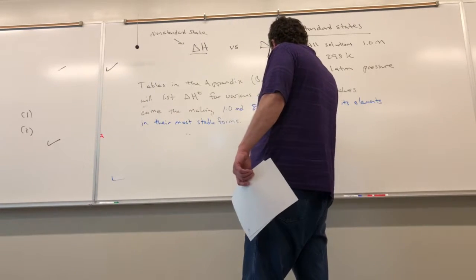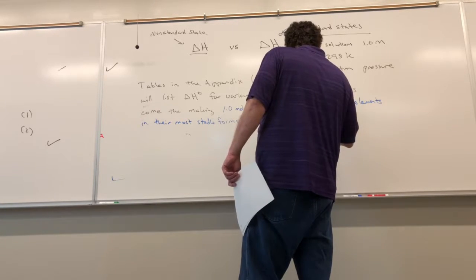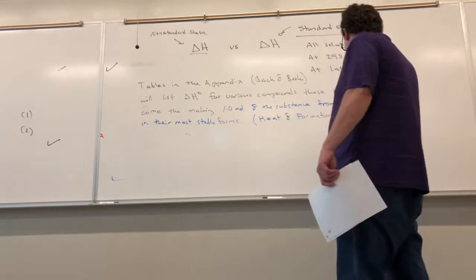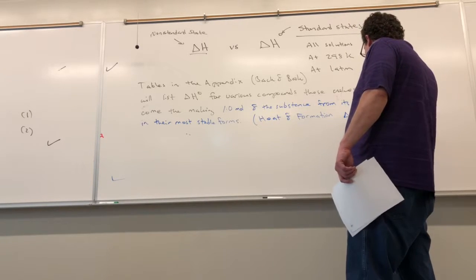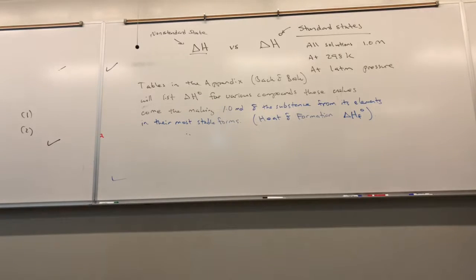This is often referred to as the heat of formation. And sometimes, just to emphasize it, they will put a little F underneath the delta H to indicate, oh, that we're talking about that substance being formed from its elements.